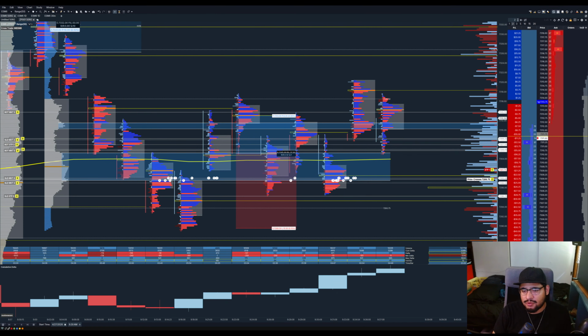So on the weekly profile, we're below the POC at 73.30, but the next big node up is at 74.